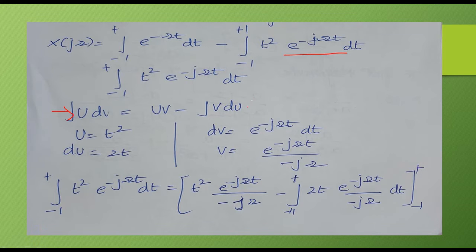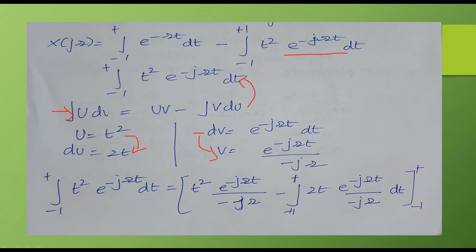We will have to work on this formula to arrive at this integral. So your u will be taken as t square and your dv is nothing but e power minus j omega t dt. From u, you obtain du, which is 2t dt, and from dv, integrate this to yield v, which is e power minus j omega t by minus j omega.